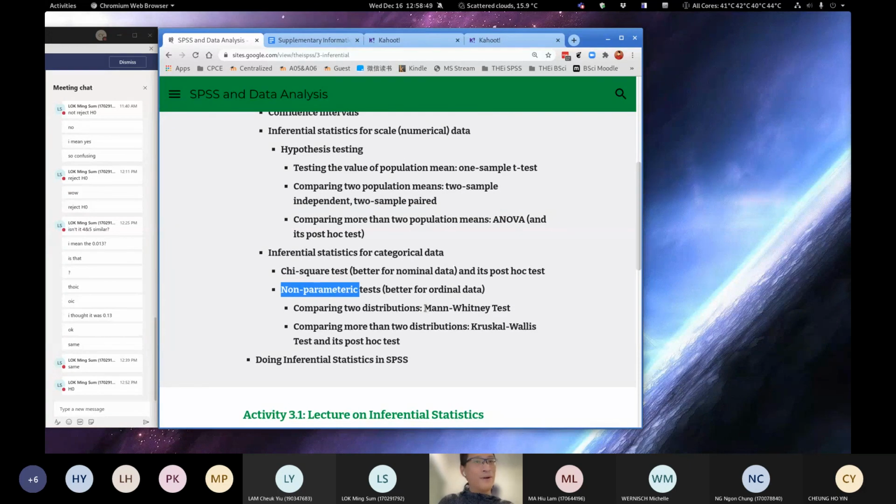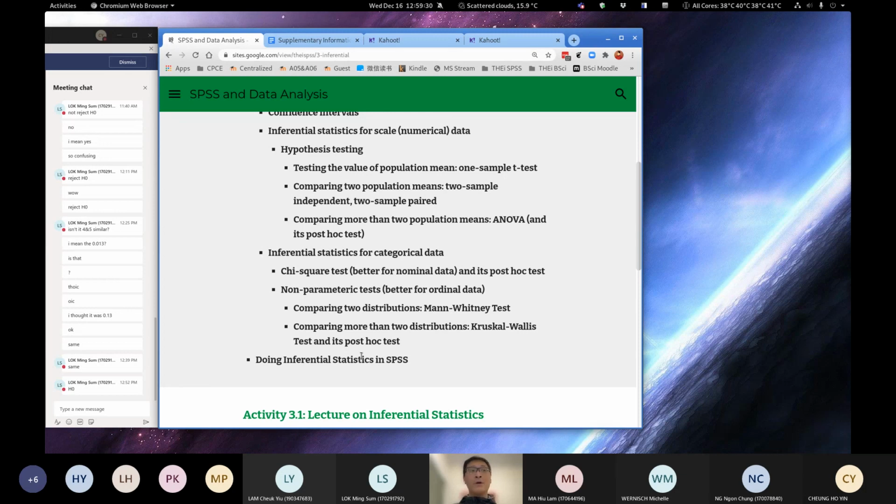And from the output, you see that sometimes SPSS is using the Mann-Whitney U test, and sometimes it is using the Kruskal-Wallis test. And also we need to do the post-hoc test for the non-parametric test as well. And finally, I have shown you how to do all these in SPSS. So at this point, you should already have some basic concept about how to do data analysis, conceptually and in SPSS.